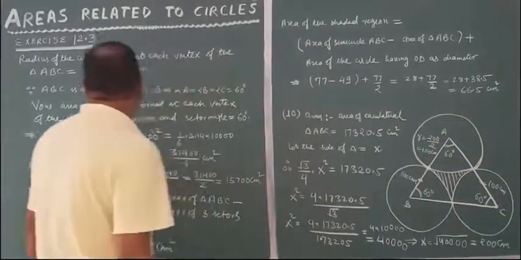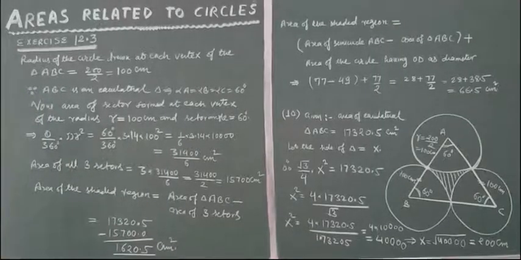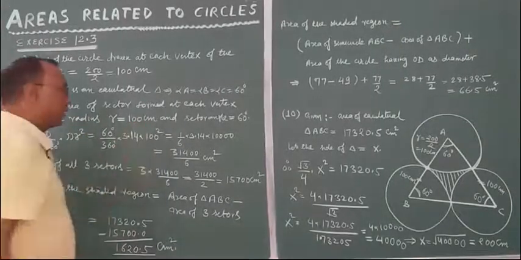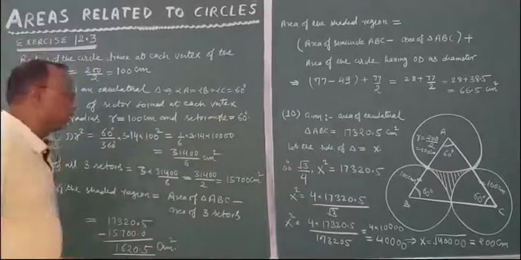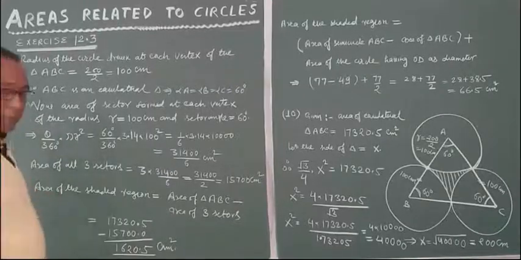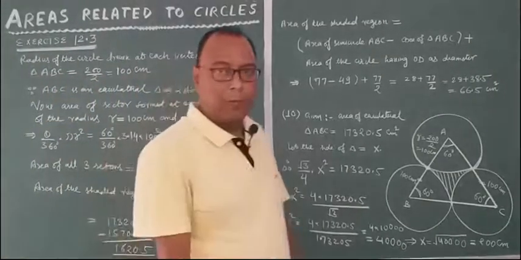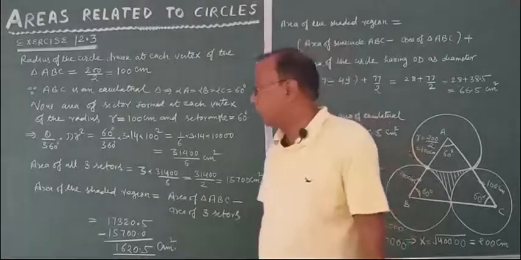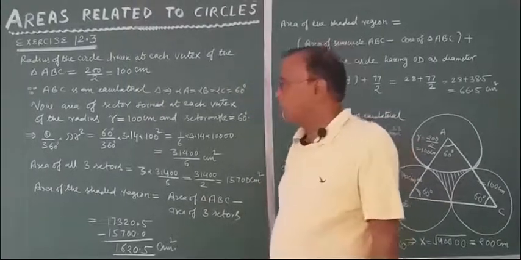Now the area of the sector formed at each vertex, with radius equal to 100 centimeter and sector angle 60 degree, will be given by θ/360 into pi r square. Pi is mentioned in this question. Pi कितना given है? 3.14. Just put the value.